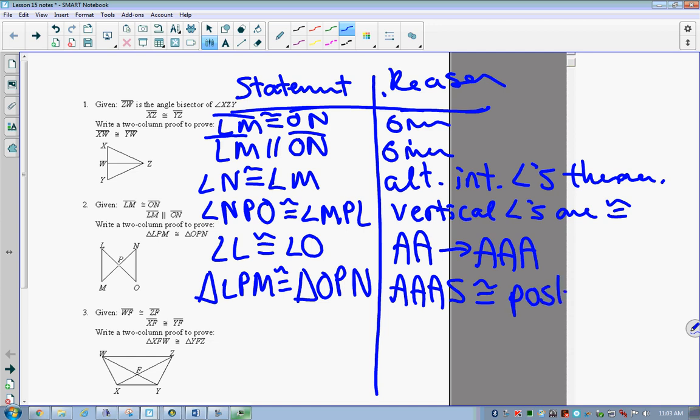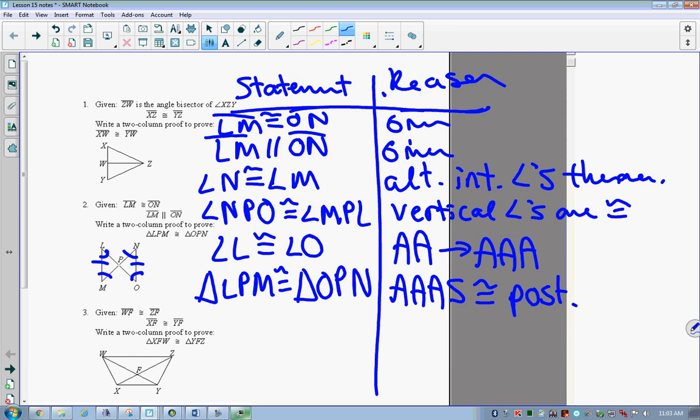Now this is not the only way to have gotten here. For instance, they told me that this side was congruent to this side. I could have done just those two angles and had angle, side, angle. Right? If I had kept the vertical angles out of it and just done my two alternate interior angles, that would have saved me a step. So my point is this, we still got the right answer.